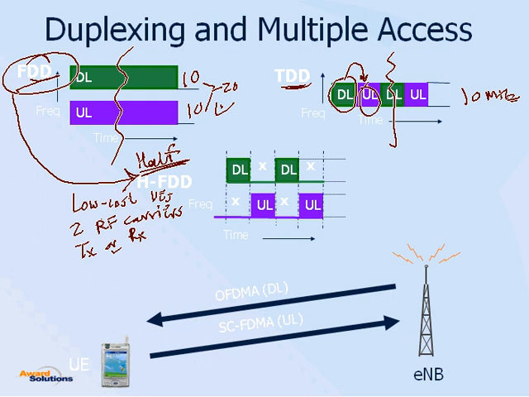So for example, if you pick this time instance, this user is getting data in the downlink. It is not transmitting. And in the next time instance, this user is using the subcarrier here, let's say FX and FY.